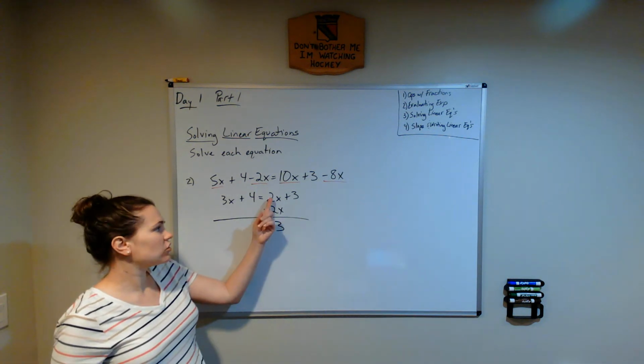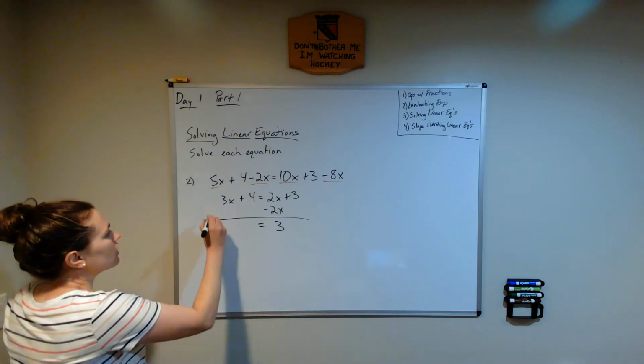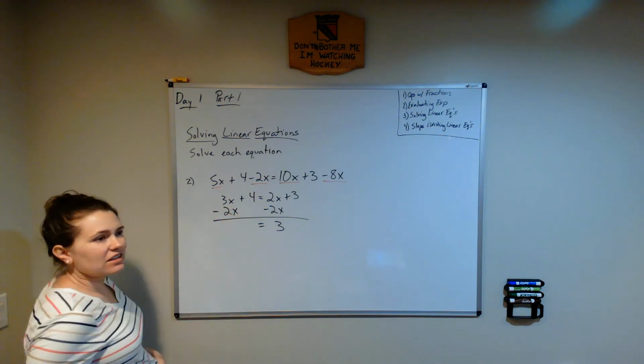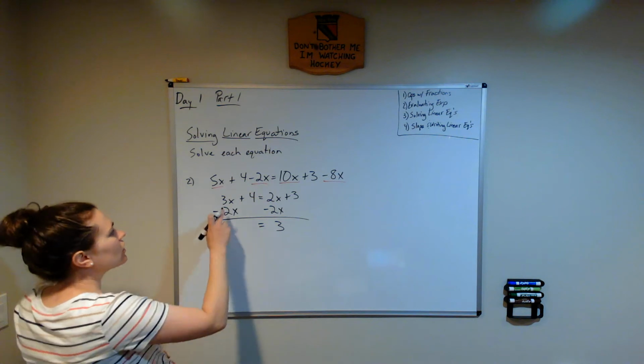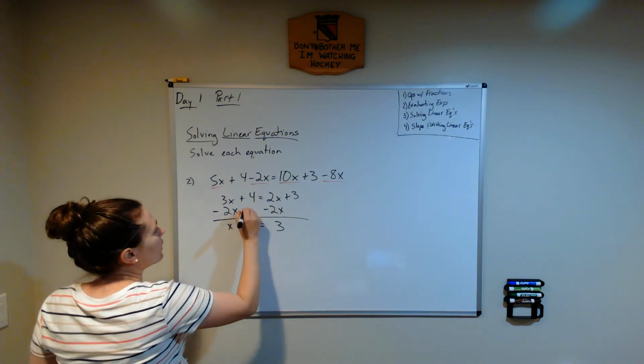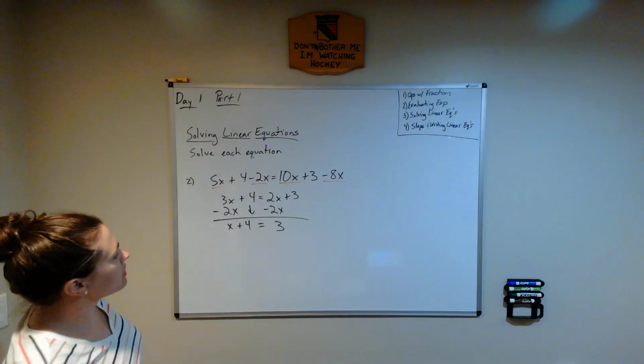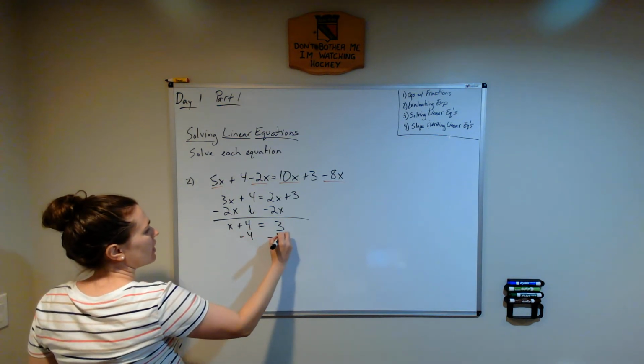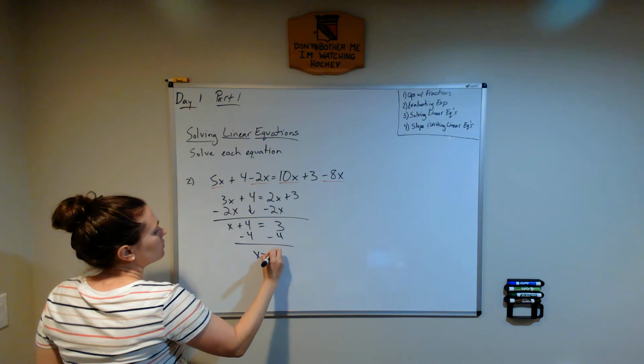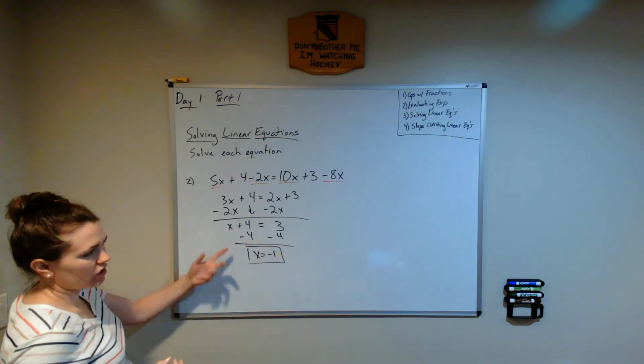If you subtract 2x from the right-hand side, you need to do that to the left-hand side too. So 3x minus 2x leaves you with 1x. We bring down the plus 4, so we have x plus 4 equals 3. Take away 4 on both sides, we get x equals negative 1. You can check to make sure it works.